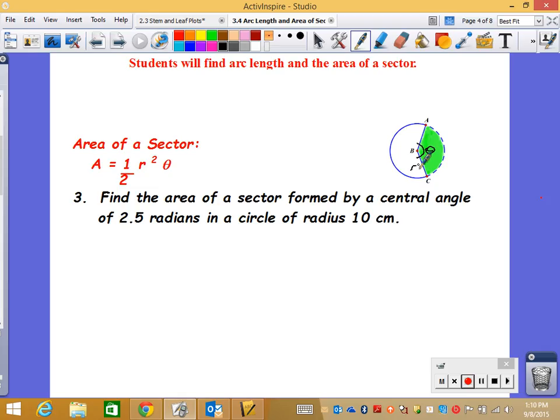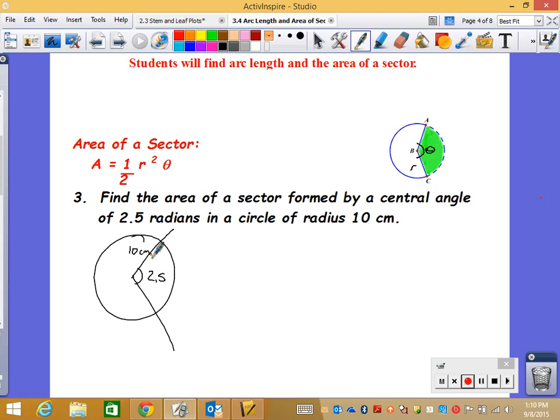Find the area of a sector formed by a central angle of 2.5 radians in a circle of radius 10 centimeters. Let's draw another picture. Remember, I have my central angle, and it tells me my central angle is 2.5 radians, and also that the radius of the circle is 10 centimeters.